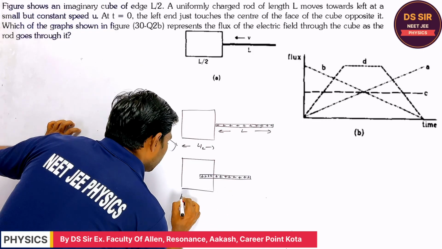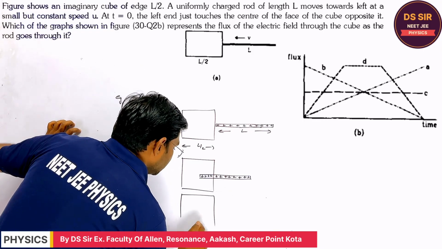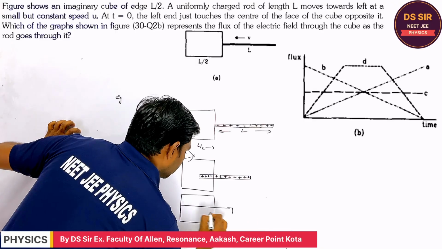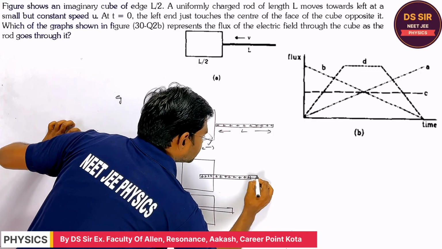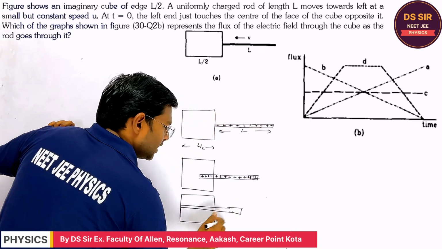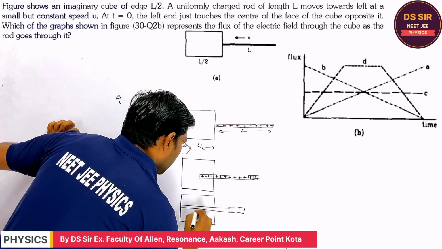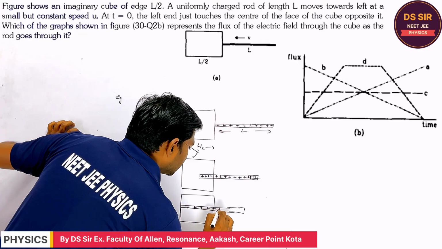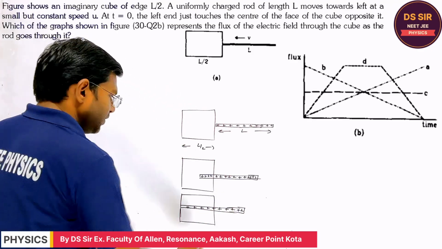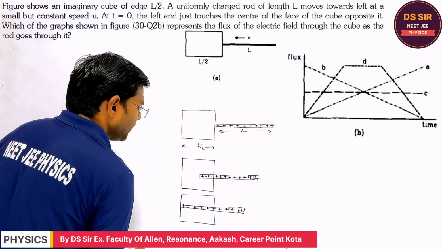After some time, what will happen? After some time, it looks like this. So the length of the cube is L by 2. After some time, it is completely entered. You understand or not? When it will continue to move, what will happen?